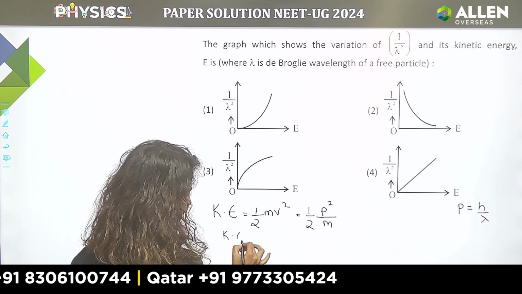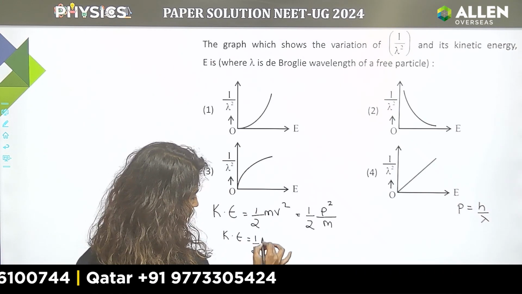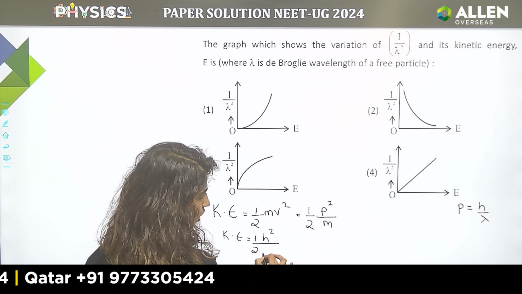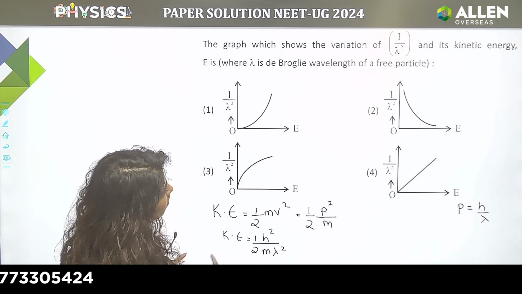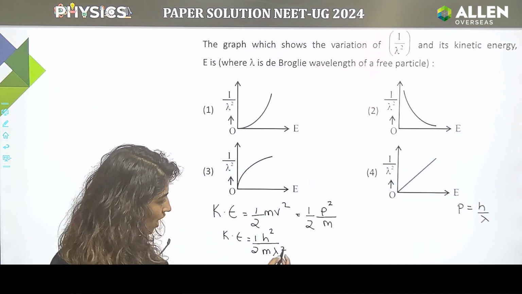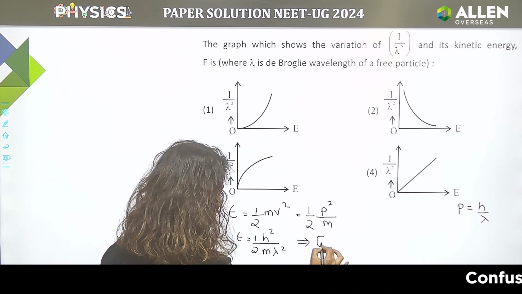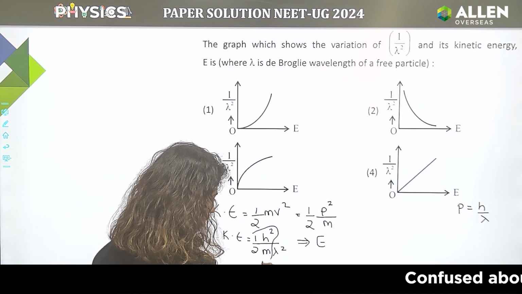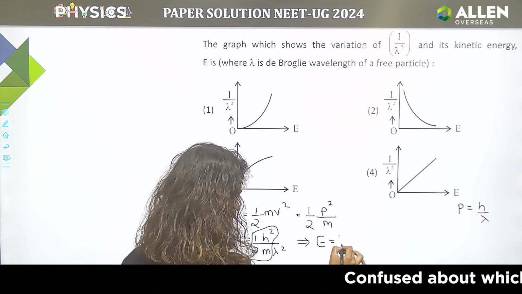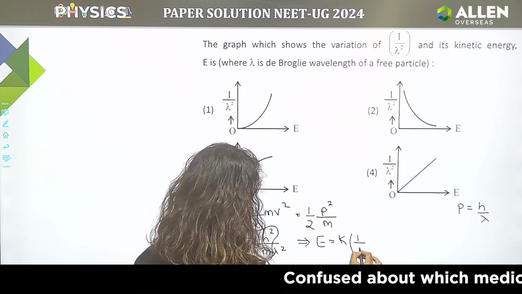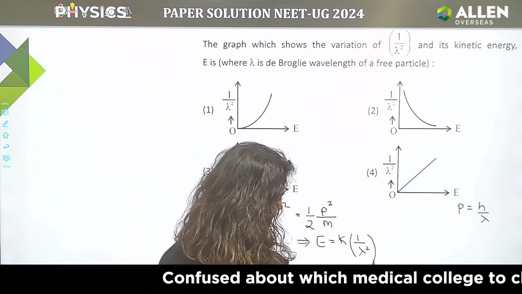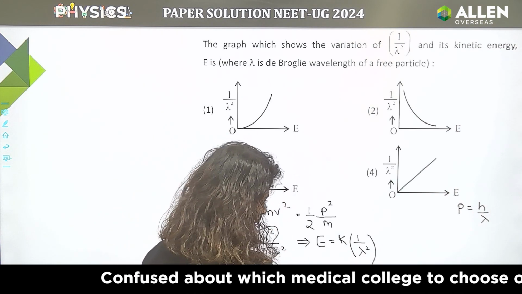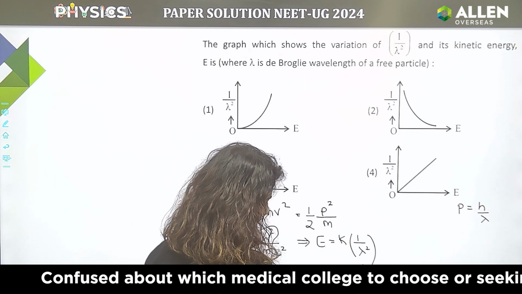So kinetic energy is half h square upon m lambda square. Now if you see, we have kinetic energy which is given as E. This entire section can be considered as a constant, any constant, and then we have 1 by lambda square. So now 1 by lambda square is on my y-axis and E is on my x-axis.